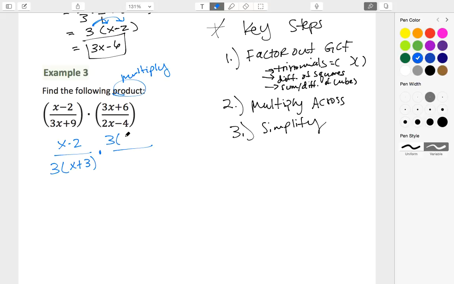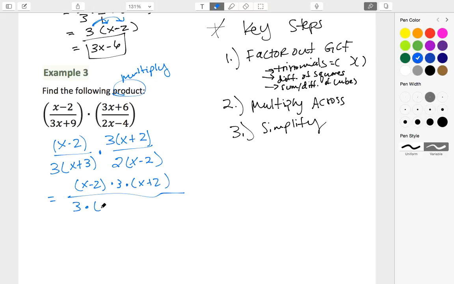Here I can factor out a 3 as well, it becomes 3 times x plus 2. And then I can factor out a 2, I get x minus 2. Then I'm going to draw a full bar here and show these as such. And then here, 3 times x plus 3 times 2, times x minus 2.